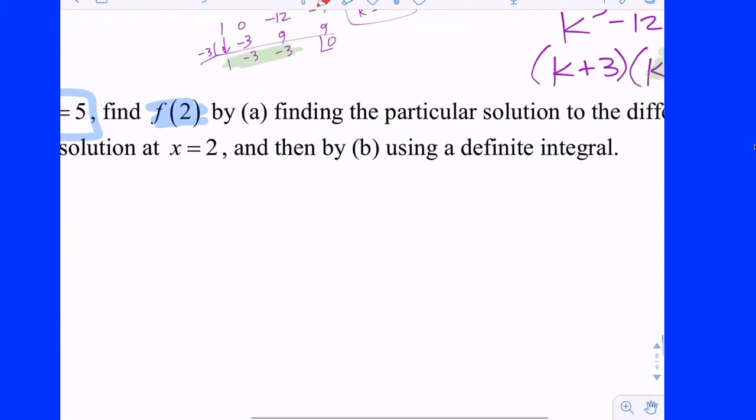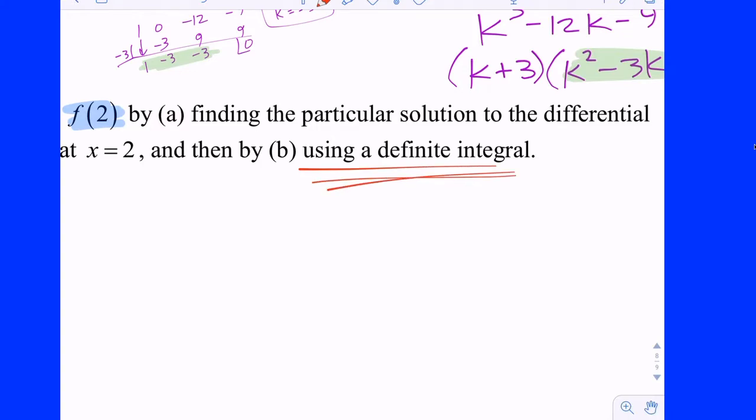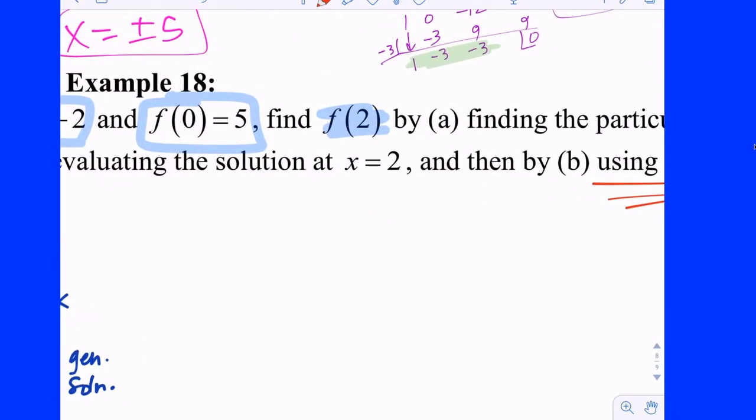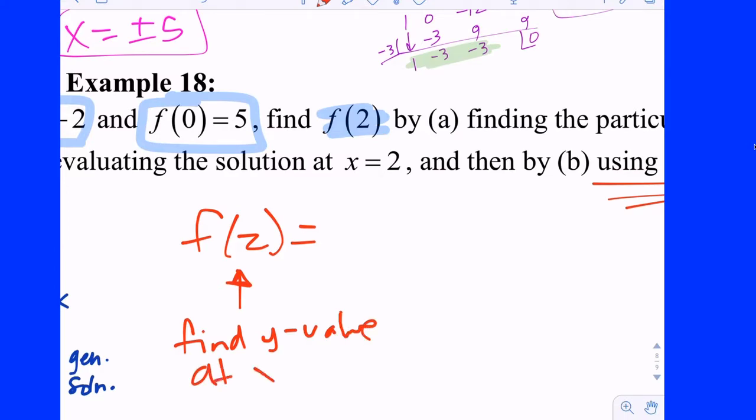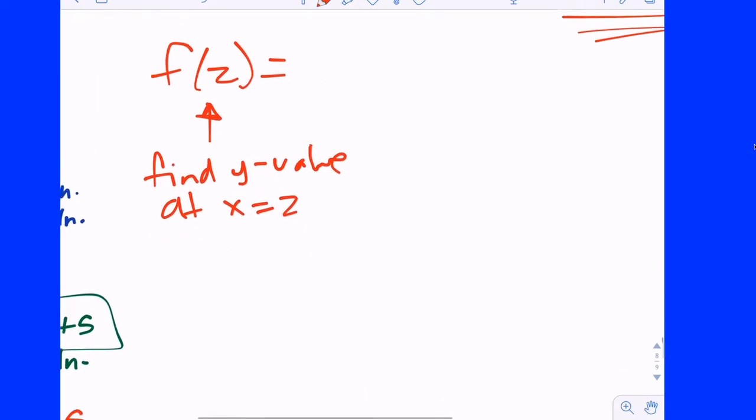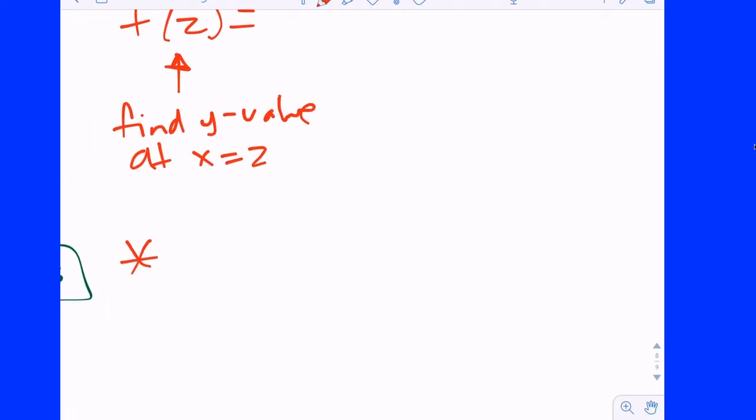Yeah. Okay, so, hey, it says to try it, so let's give it a try. Here's what we're after. We're after f of 2. That means we want to find the y value at x equals 2, right? Nothing fancy about that. So here's an important idea, and see if you disagree with it.